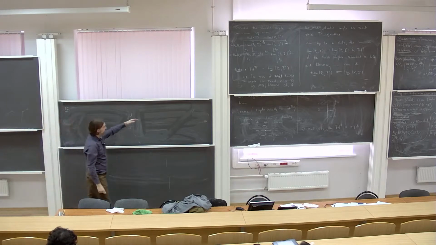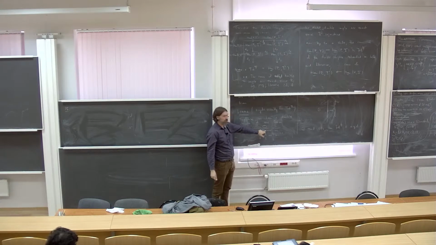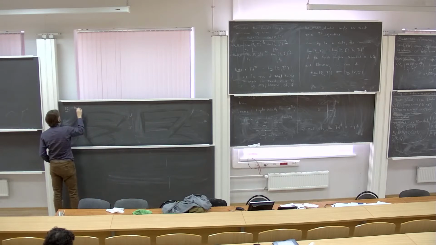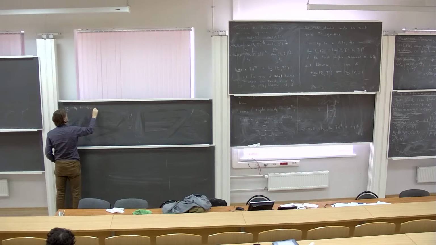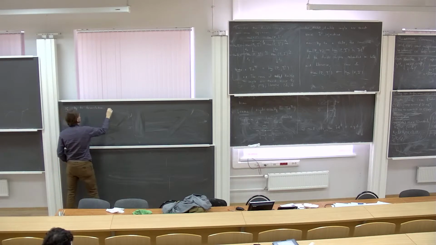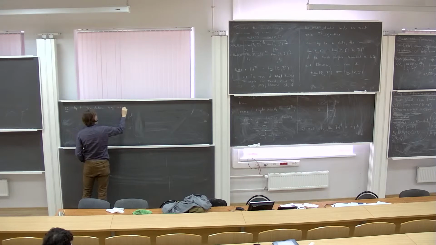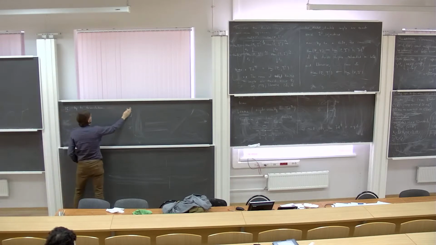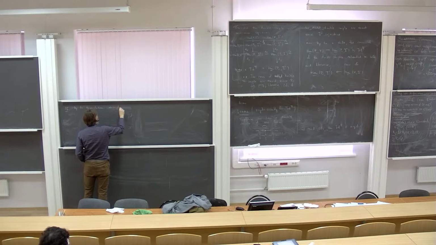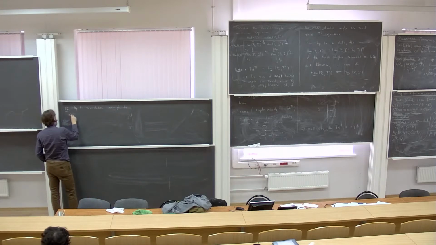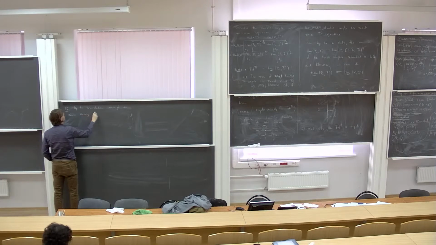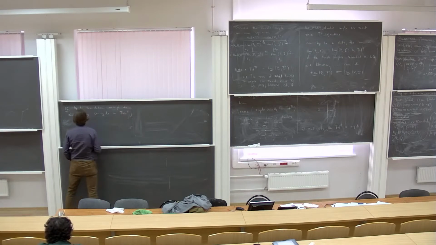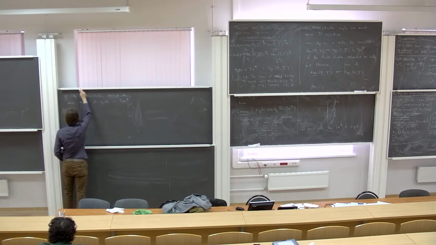So up to translation, I mean, I can kind of fix the origin wherever I want. So I can declare this to be 0, 0. So up to translation, we may assume our double complex, I would say it's enough to show every 0 cycle in Tot product of, let's suppose it looks like this.